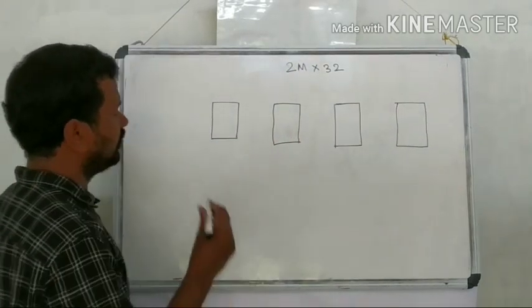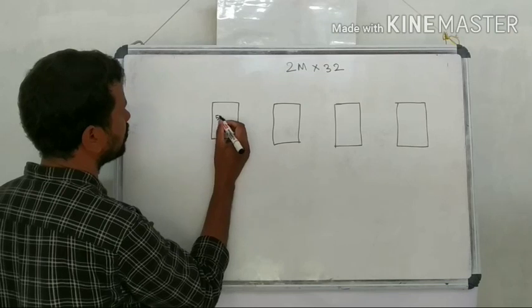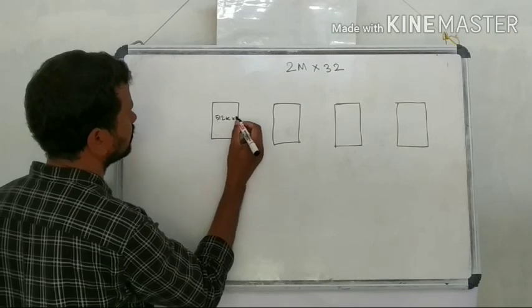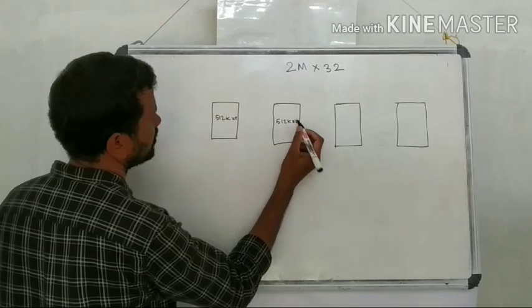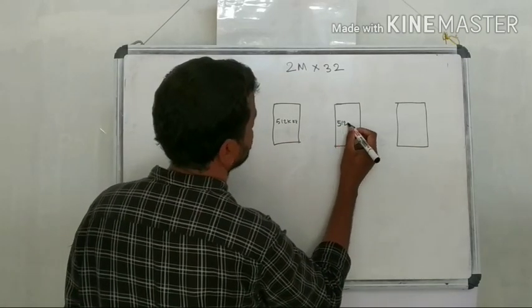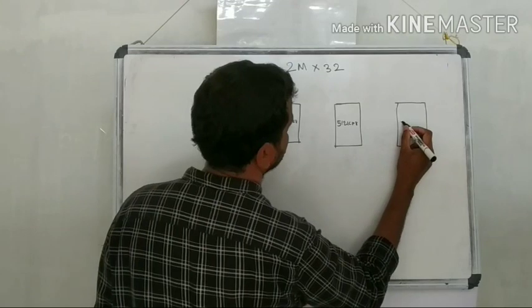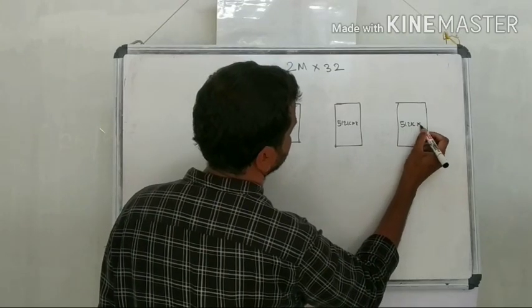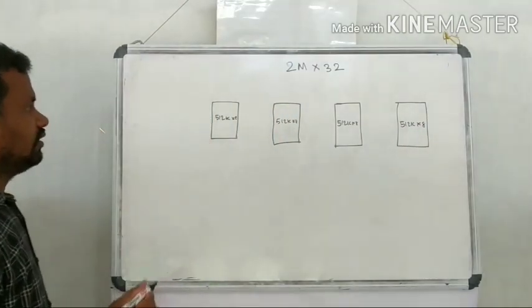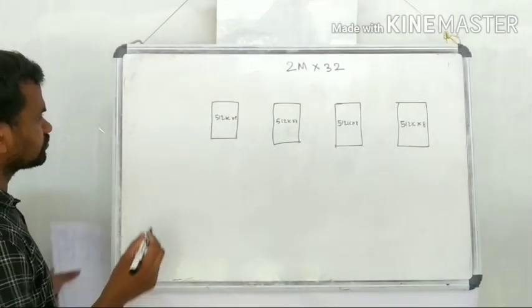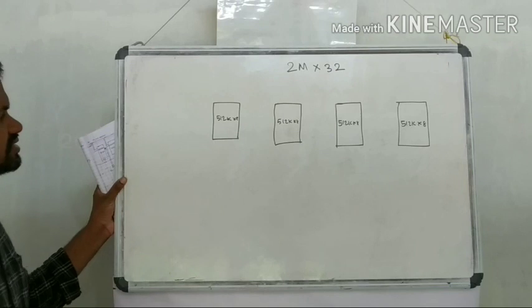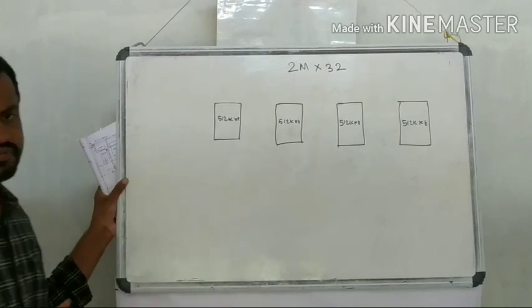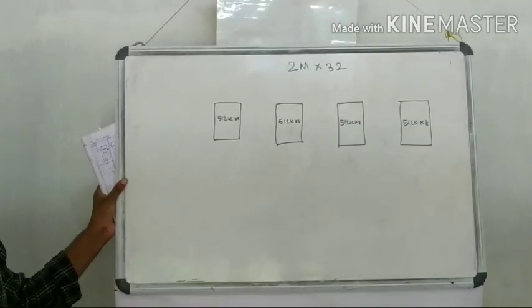Assume that these are all 512K into 8 chips. We already know that to select 1 byte of information from the 512K, we need a 19 bit address.